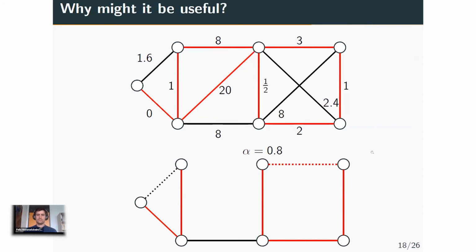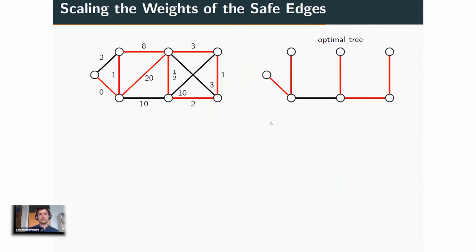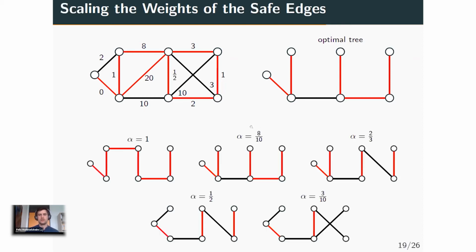Okay, now consider again this instance, and this is an optimal tree. By an optimal tree, we mean a tree of an optimal solution. Now we do the scaling of the safe edges, not only for one scaling factor, but for lots of different scaling factors, for example, for these 5 scaling factors.